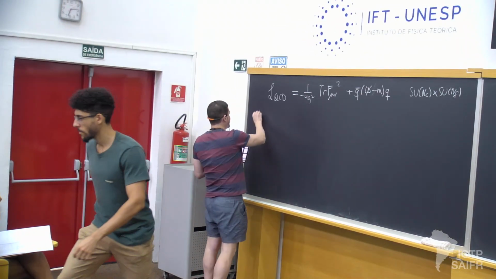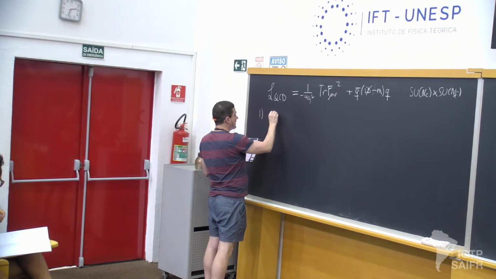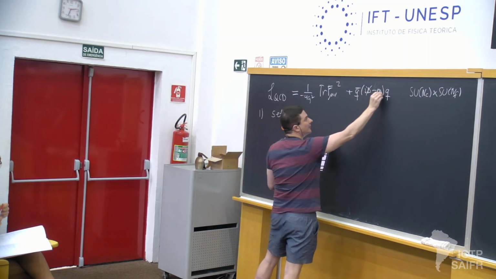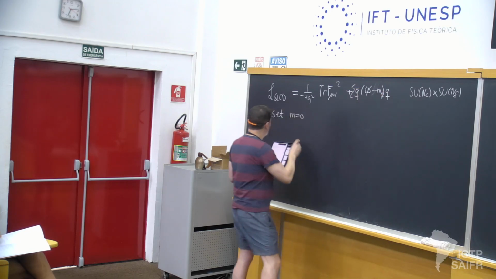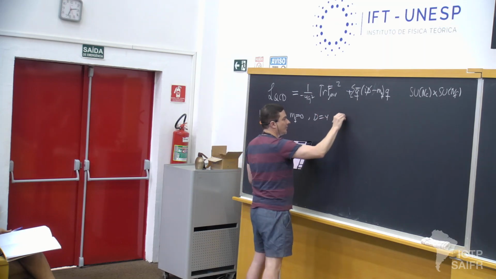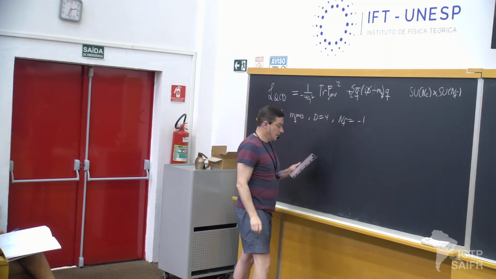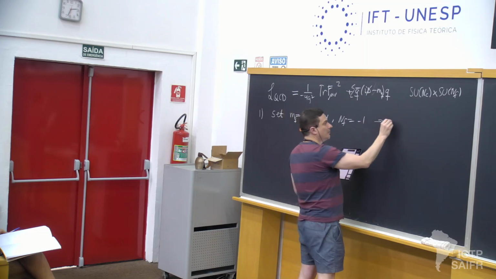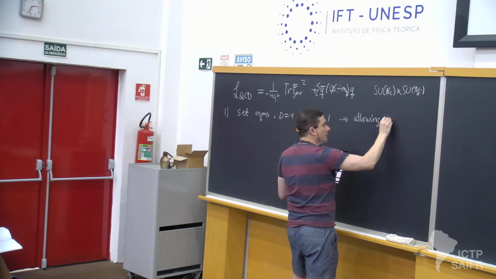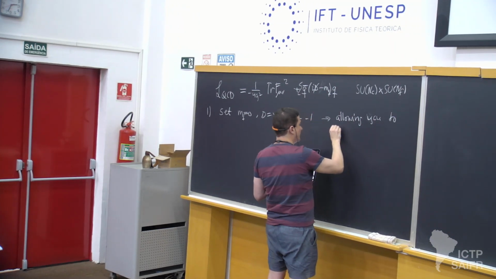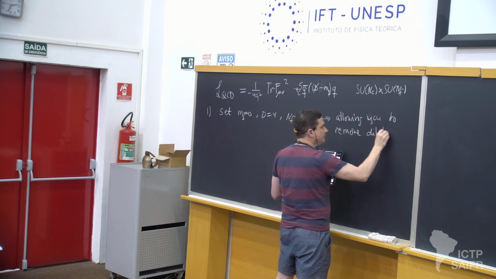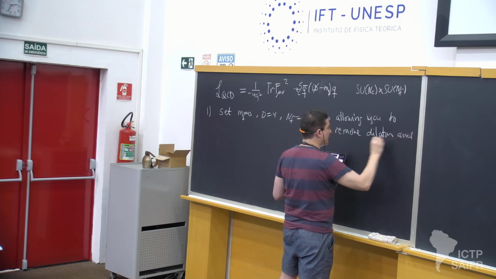In the case that you set the mass of the quark to 0, and then you're summing over the quarks, you consider d equals 4, and you consider N_F equals -1, it has the benefit of allowing you to remove dilaton and axion.